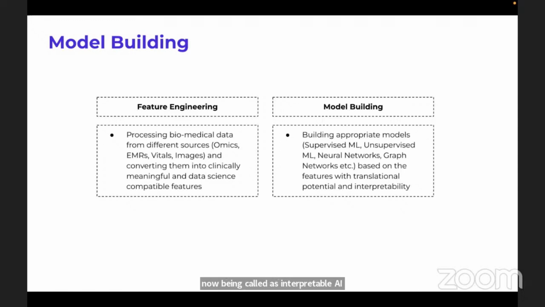Unless the care provider knows that this patient was having a consistent drop in blood pressure for the last 2 minutes, and that's why the model has told me he is going to have a fall in the next 5 minutes, the model won't be deployable or translatable in the healthcare domain. So these two things are also big challenges in healthcare informatics.